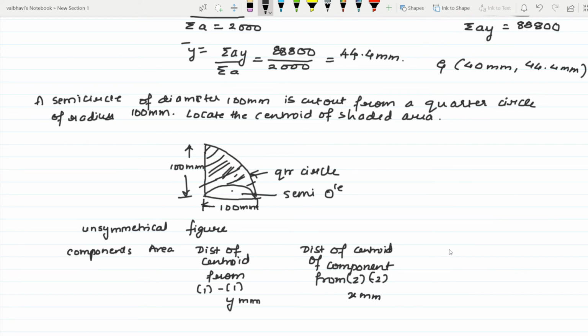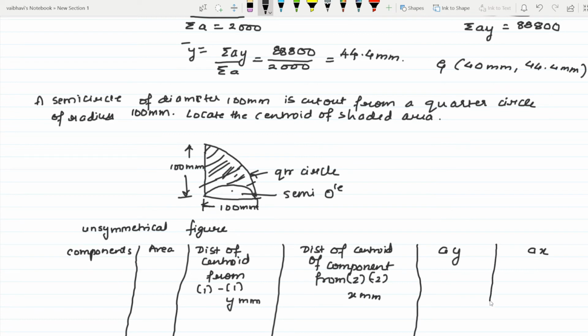Okay, then we have to find ay and ax. Okay, so first we have to take the quarter circle.